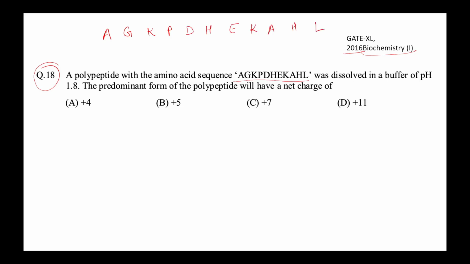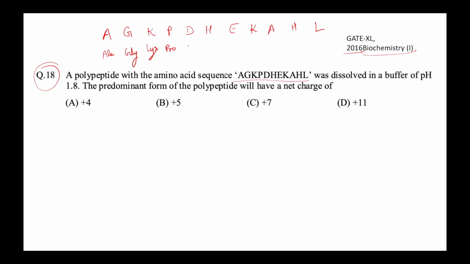Okay, so this is the one letter code. The very first is A. A is arginine, sorry, alanine. G is given for glycine. K is for lysine. And P is given for proline.